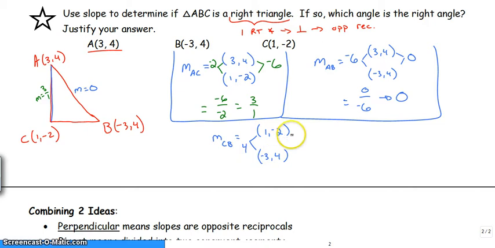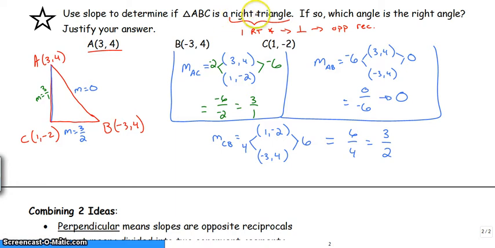That's a negative 4. -2 to positive 4 is going up 6. So that's a positive 6. I calculate my slope, and I get a slope of 6 over -4. Oops. Make that a -4. Simplify the fraction, and that's -3 over 2. So my slope here is -3 over 2.